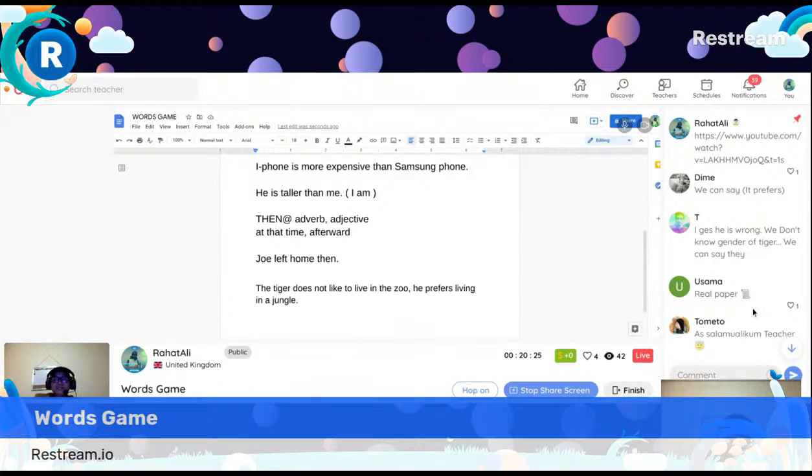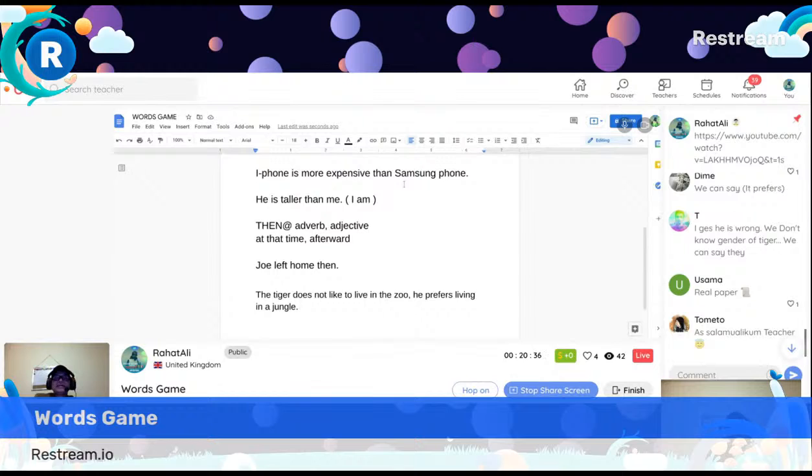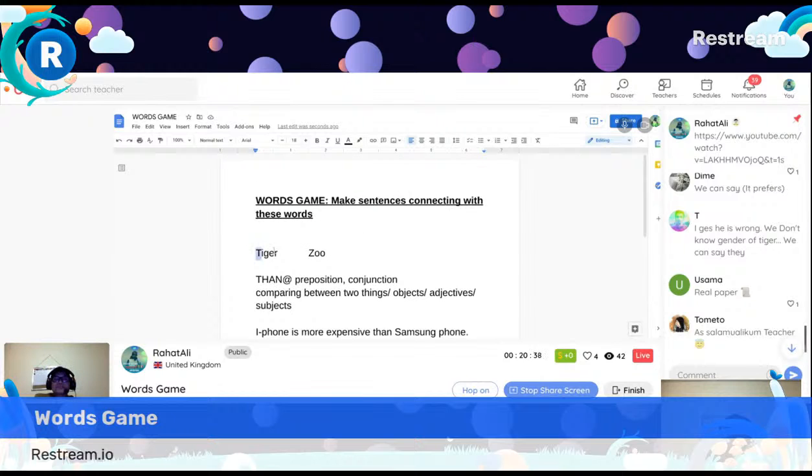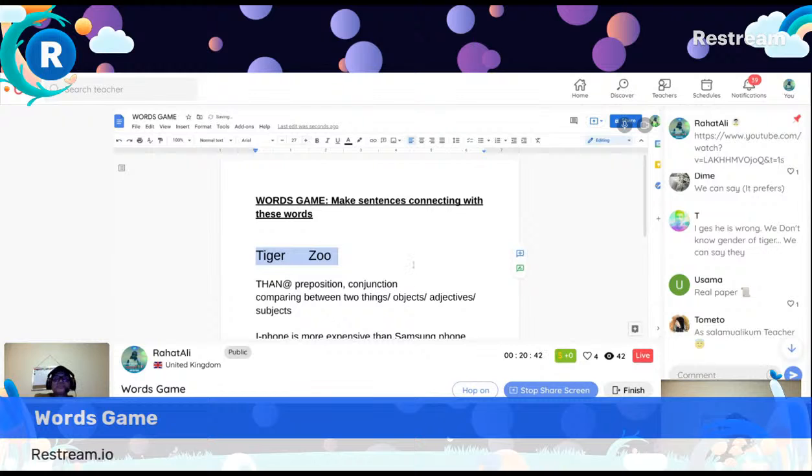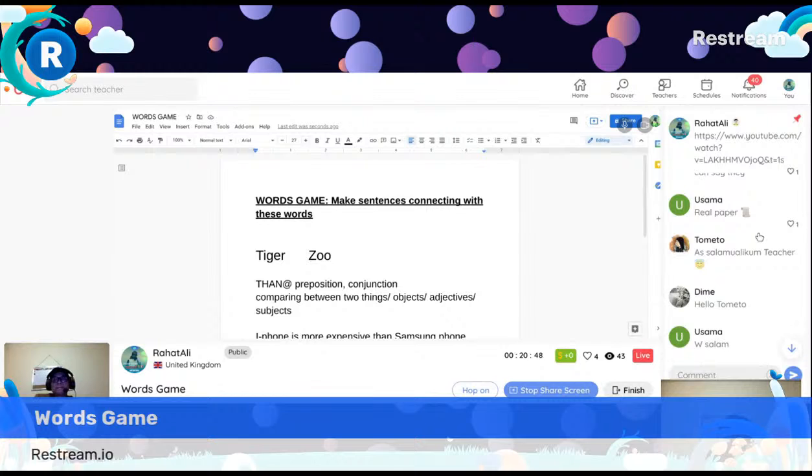Hey, Tomato. Walaikum salam. And happy to see you here. So we're having a words game. Our first words are, once again, tiger and zoo. The rule is that you have to connect these words and make sensible, meaningful sentences.